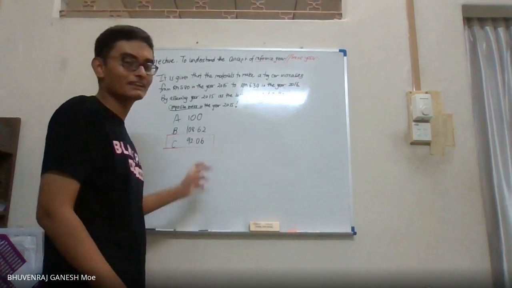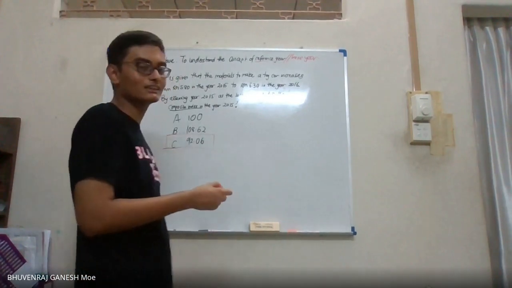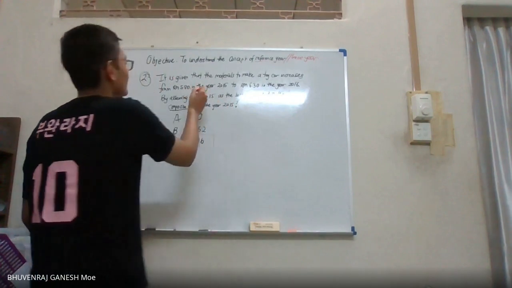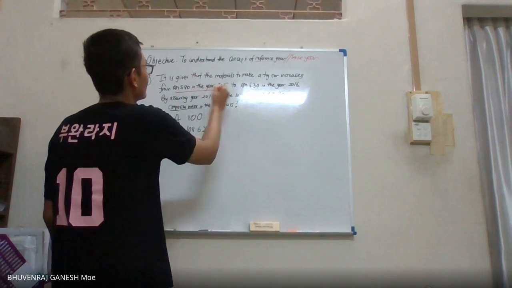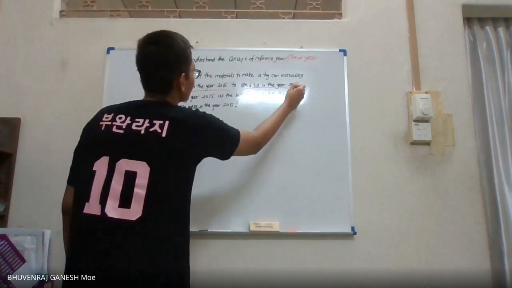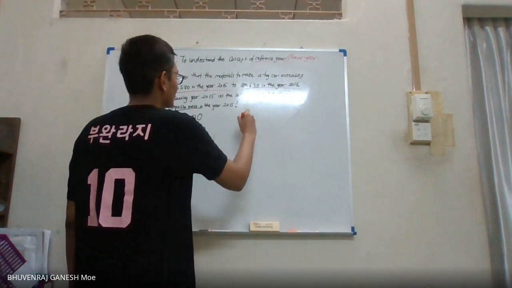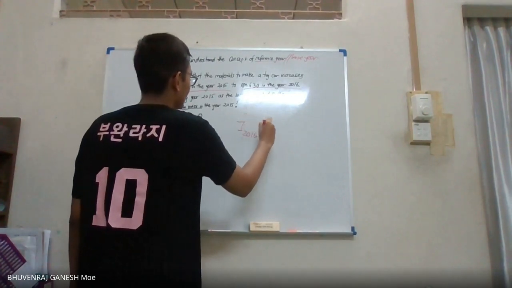So let's talk based on logic. If we don't know anything about this chapter and we guess a value, you see they said it increases from 580 in year 2015 to 630 in year 2016. So definitely the price index in 2016 will be higher than 2015.